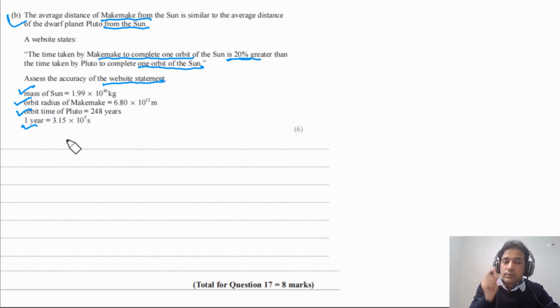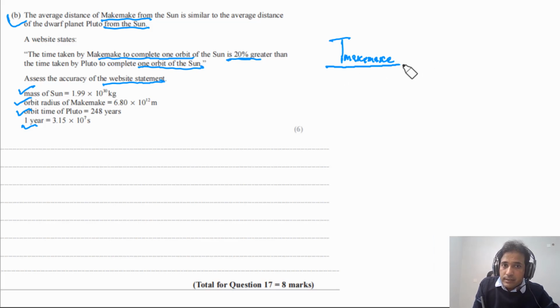In this case, first thing you need to understand is what you need to calculate. We need to prove that the time taken by Makemake, so we can say the time period of Makemake, is 20% greater than the time taken by Pluto.